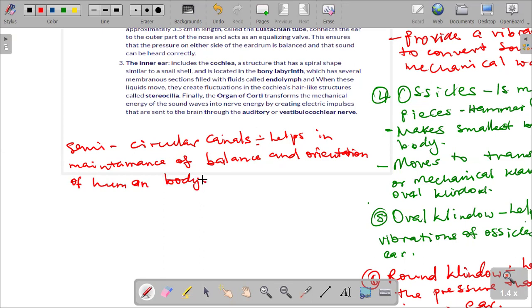So what we are saying is that our ability to balance is because of the function given by the semicircular canals, which help in maintenance of balance and orientation. Orientation, we can just say, is the inclination of the body. I want you to understand that the crista is the one that is responsible for balancing.